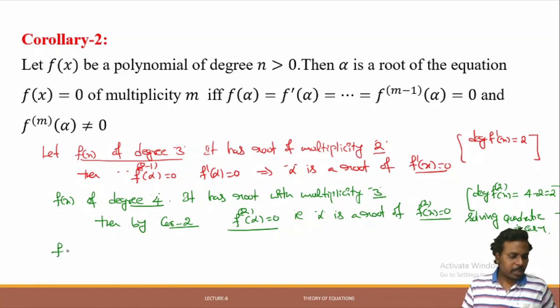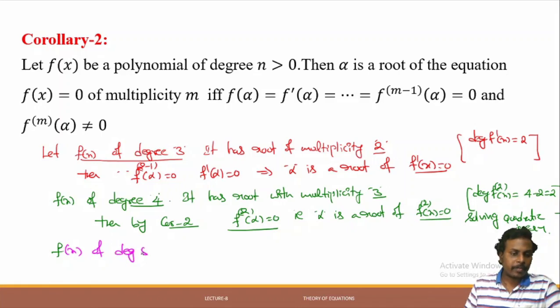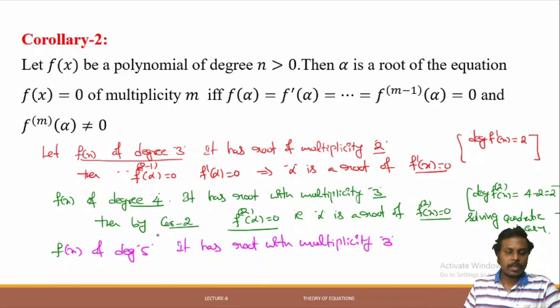Now let me consider one more example. f of x is a polynomial of degree 5. It has a root with multiplicity 3, let us take multiplicity 3. Then by the corollary, f double dash of alpha is equal to 0.